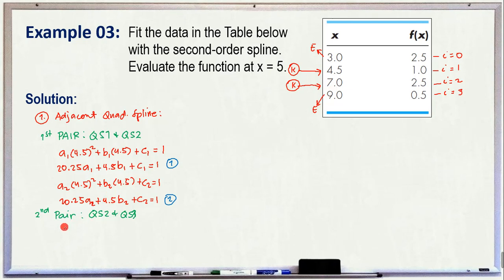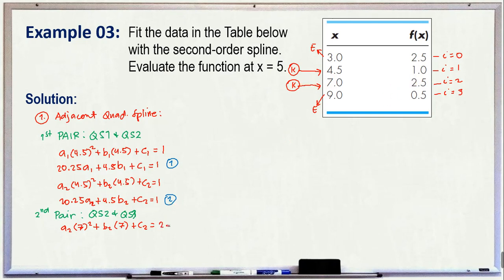So that is a sub 2 times unsa may x diri sa ilahang common. That is 7. So we have 7 squared plus b sub 2 times 7 plus c sub 2 equals unsa may y dira. So ang y sa ilahang common nga data point or knot is 2.5.